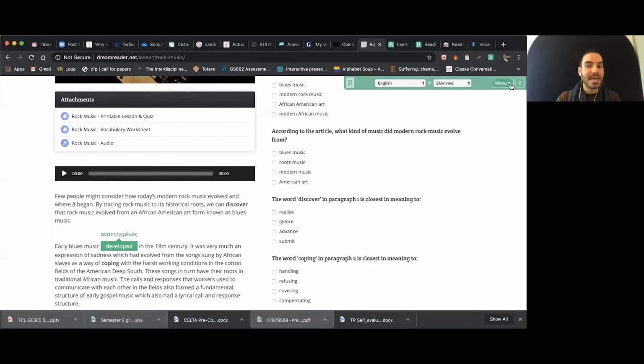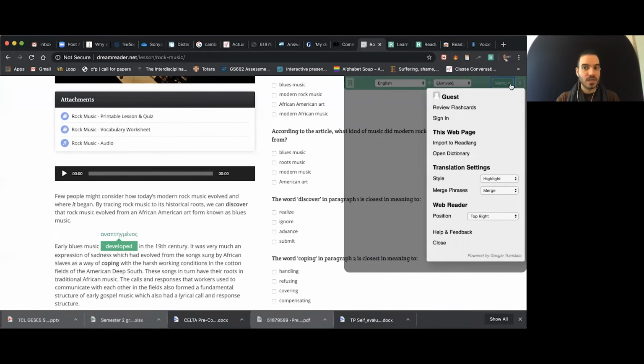So from the menu here, you choose sign in, and it will ask you to create an account. When you create your account, you will be able to then click this option, which is the revision of the words that you have chosen from the text.